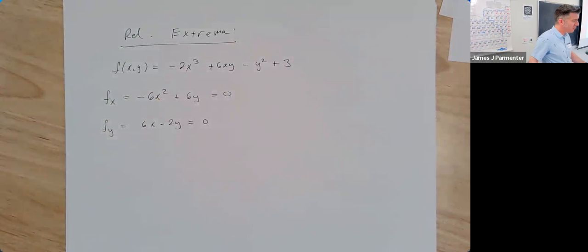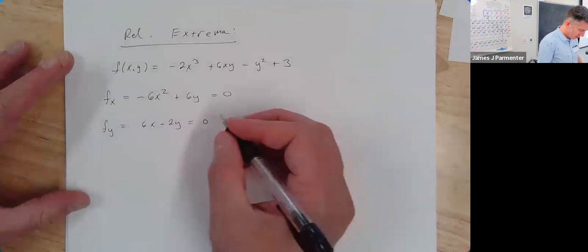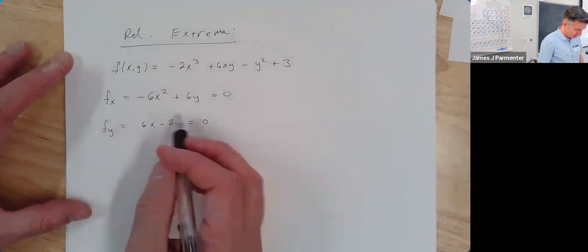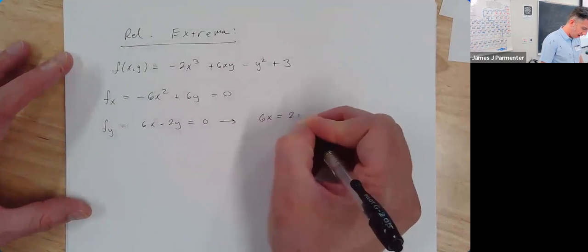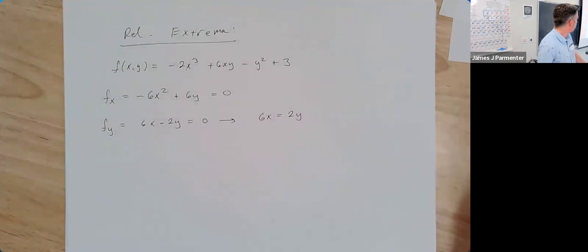Both of these look actually not too terrible. You could pick either one to solve for. I would probably pick the one that looks slightly easier, which is this one. So I'm going to say, great, 6x equals 2y. Do I want to end up getting y equals something with x, or x equals something with y?